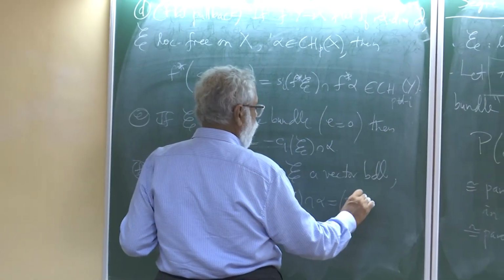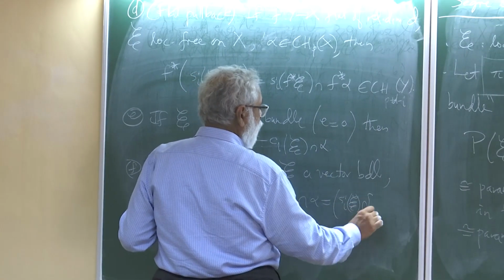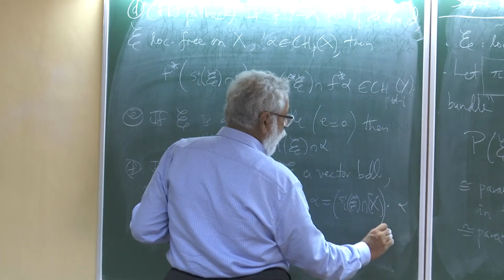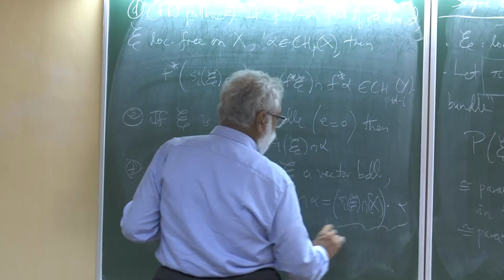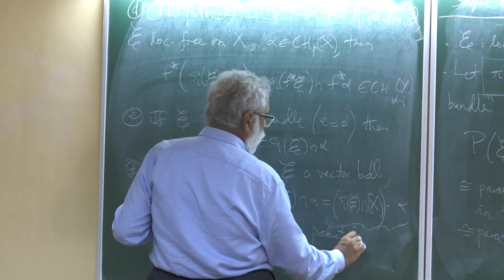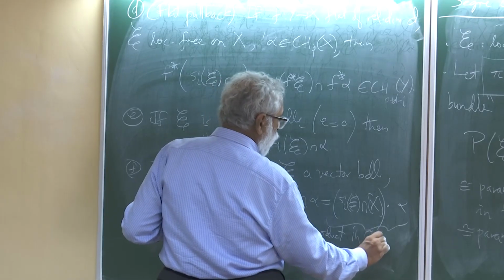Take S_i E cap the class of X itself, dot alpha, and this is the product in the Chow ring.